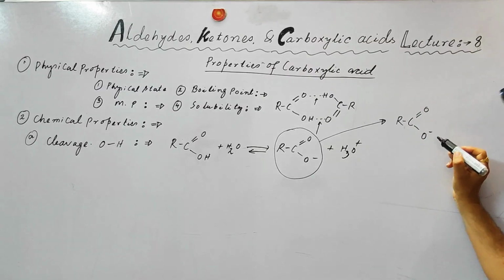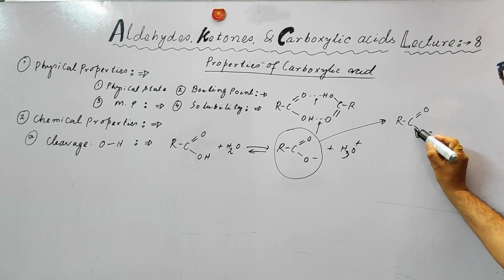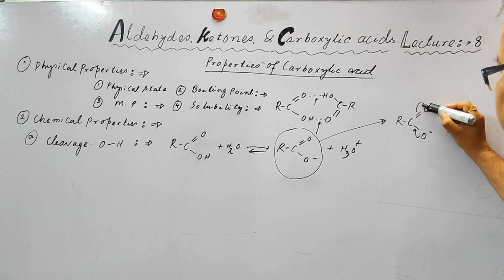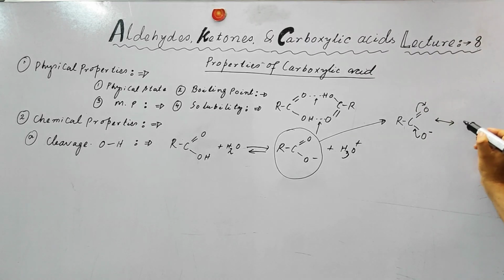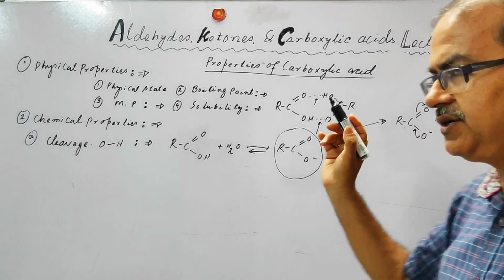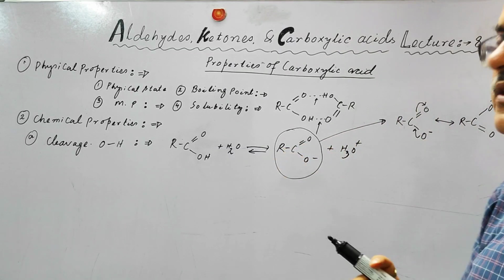The electrons are displaced here and go there, and it creates one of the resonating structures, and it becomes this. So what we observe is that due to this resonance of the carboxylate ion, it is stabilized.